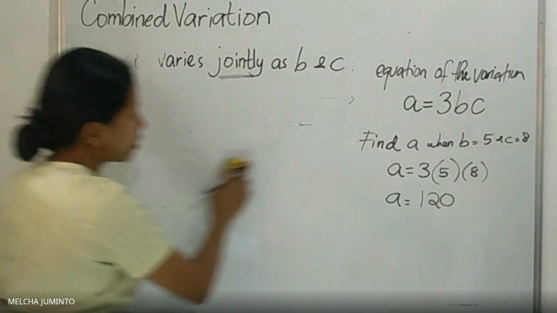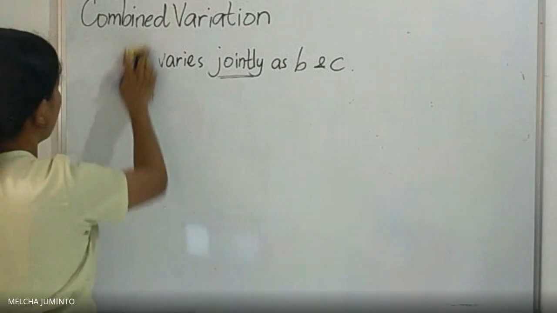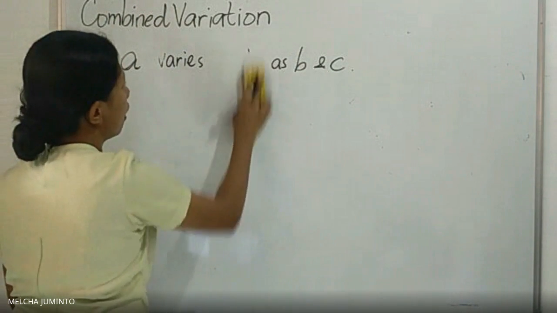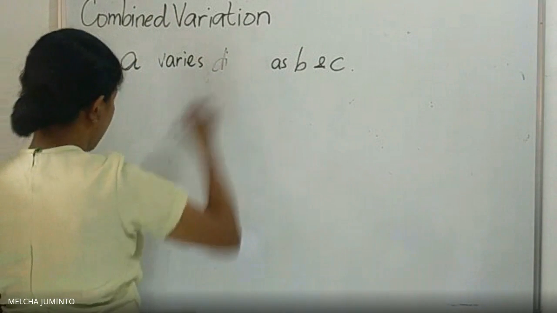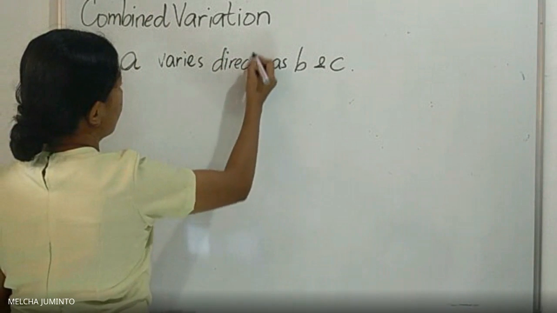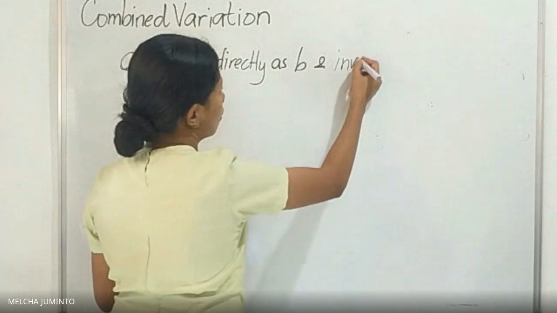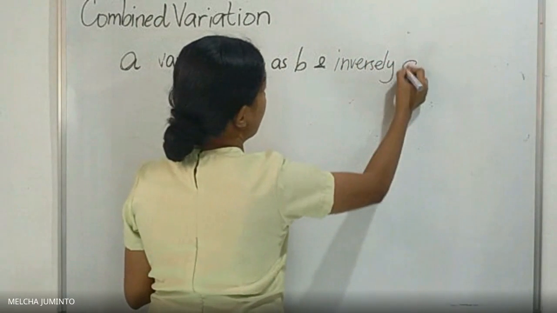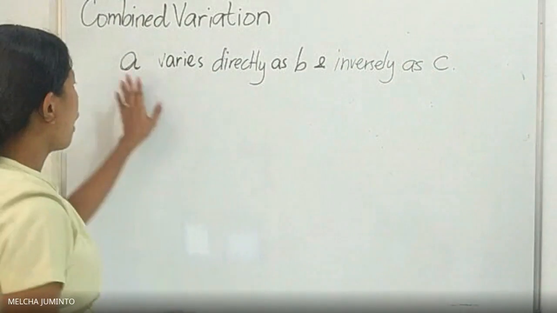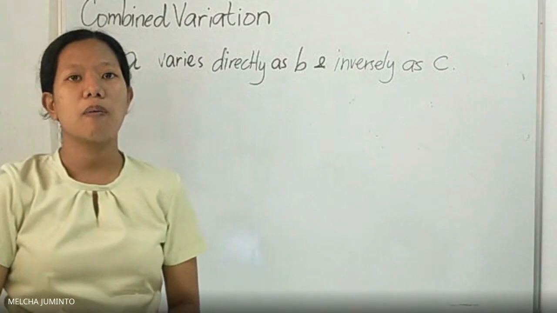But this time, you will not see the word jointly. Instead, we will use directly and inversely. So let's say A varies, and not jointly, we will replace it with directly as B and inversely as C. So if the statement is like this, A varies directly as B and inversely as C, it is called a combined variation.